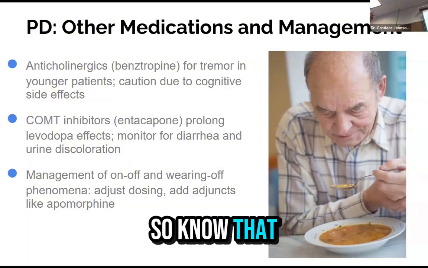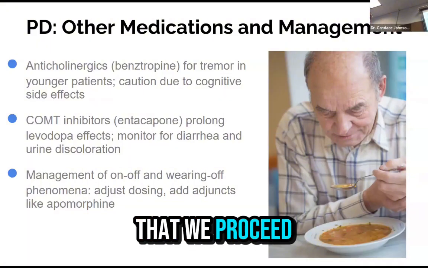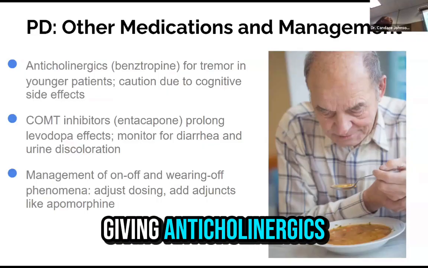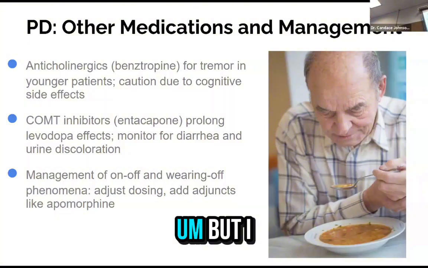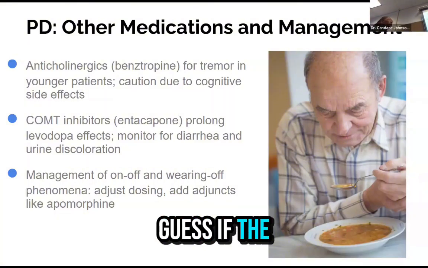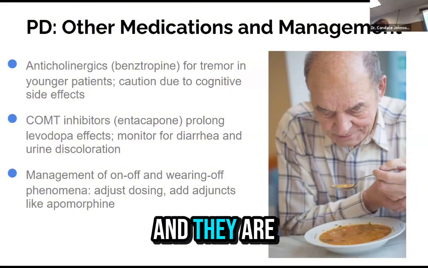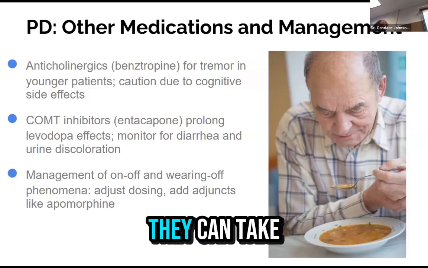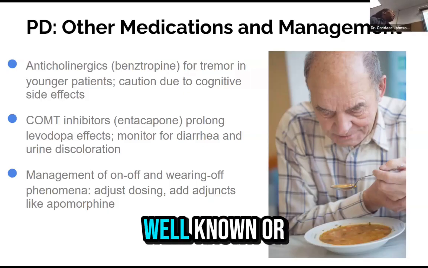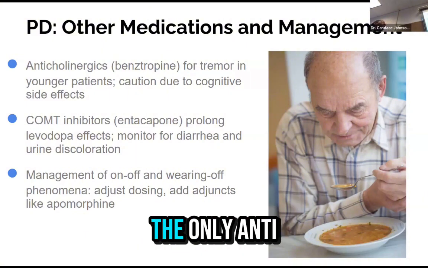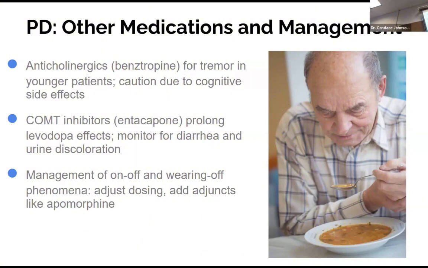So know that we proceed with caution in giving anticholinergics because of the cognitive side effects. But I guess if the patient is younger and they are just experiencing tremor, they can take benztropine, well known, or really one of the only anticholinergics.